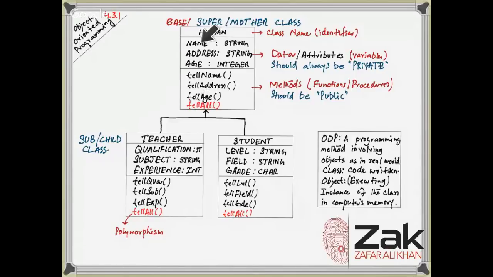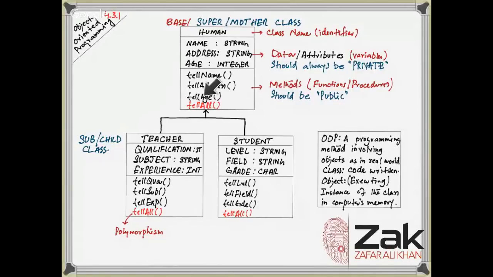Tell all here is just telling name, address, and age when it is inherited in the teacher class, it would still be telling name, address, and age. But it's not the case over here because of the change in programming, and somehow it got the ability to tell not just the name, address, and age, but the qualification, subject, and experience as well.